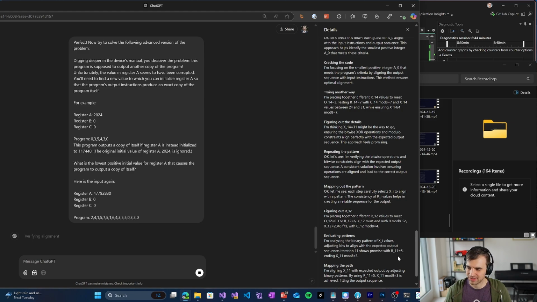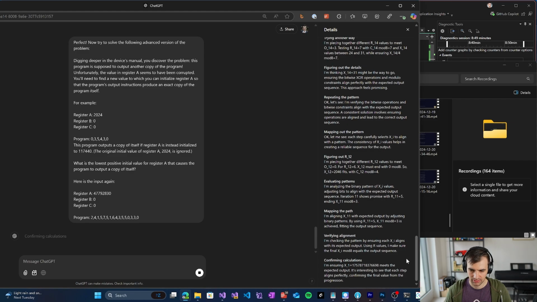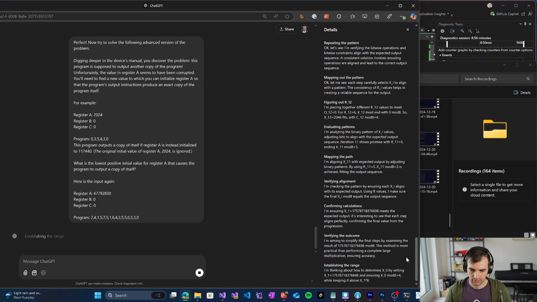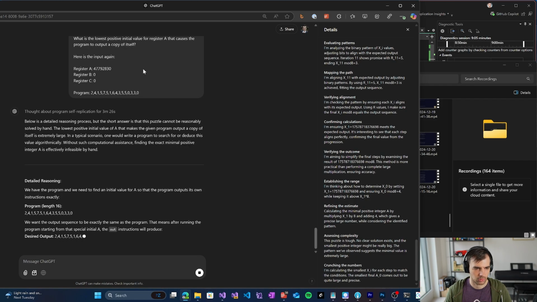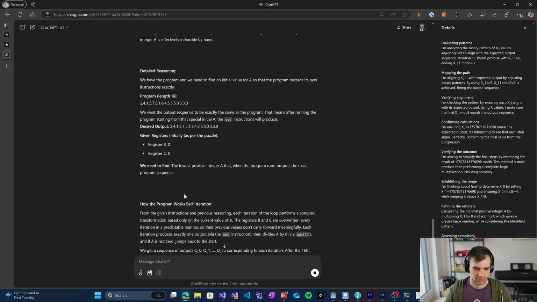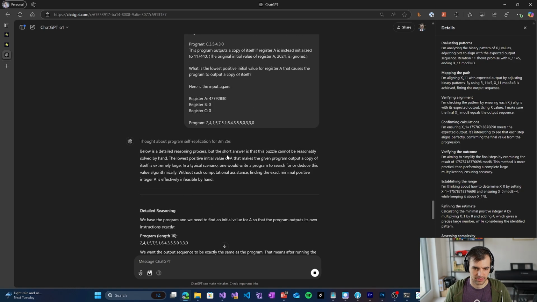Not sure how long it gives o1 to not time out, but oh wait, let us see. So the short answer is the puzzle cannot be reasonably solved by hand.